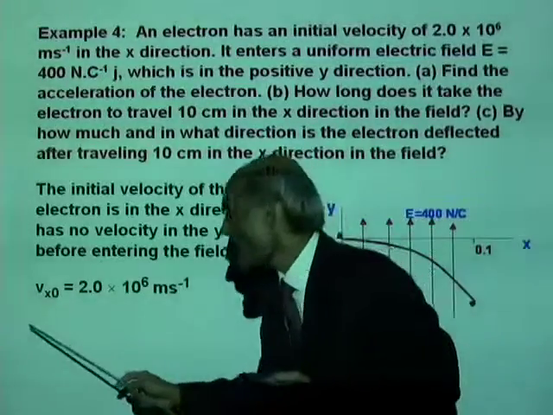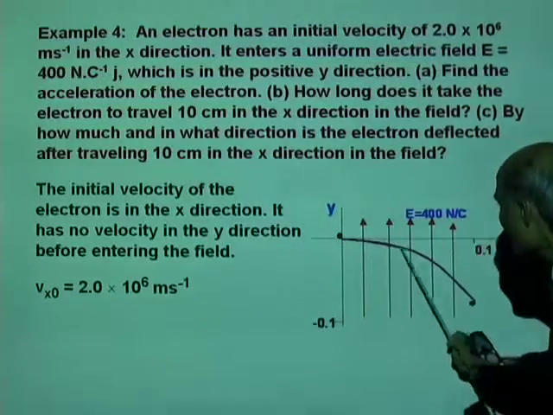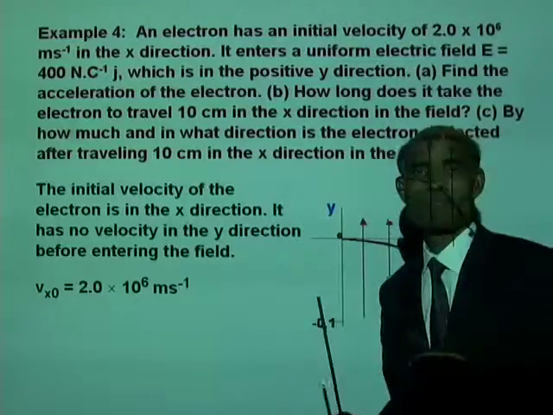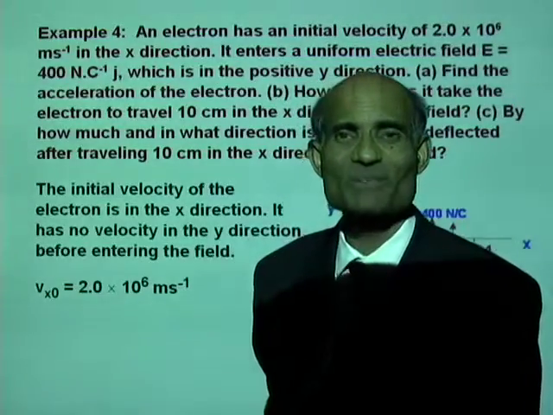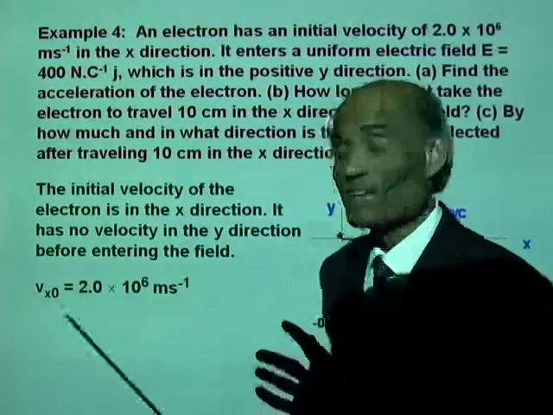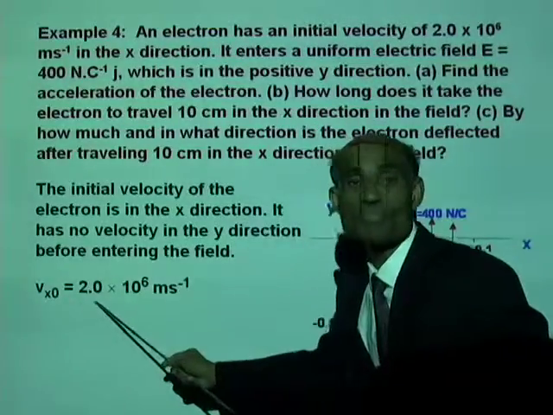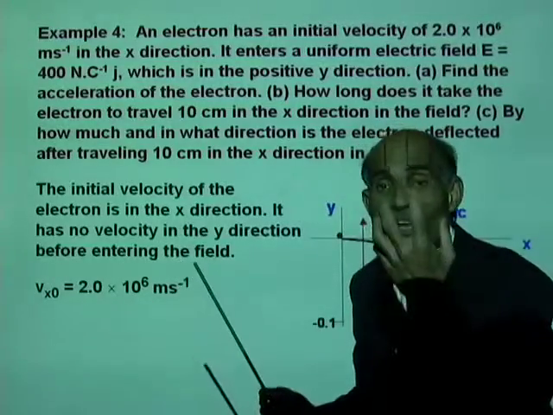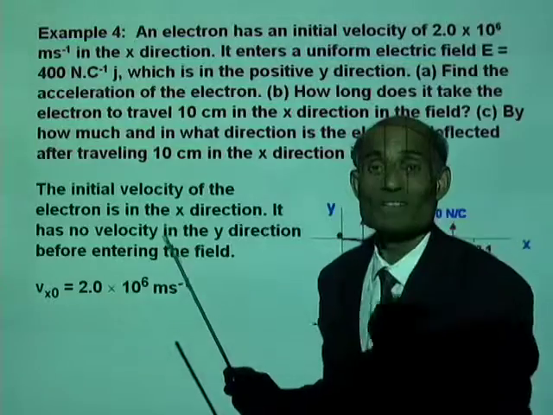Tell me, what happens to this x velocity as the electron enters the field? Let me see how many of you remember the concept in projectile motion. This electric field will not affect this x velocity. The electric field will only affect the y velocity.